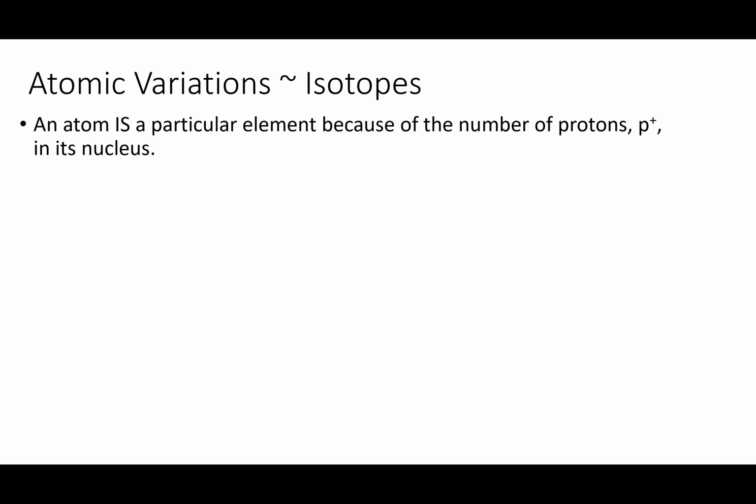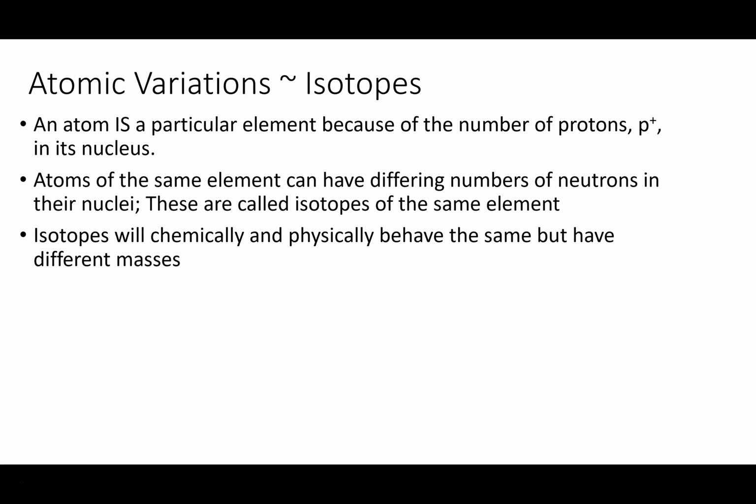We can have different variations of a carbon atom that have a different number of neutrons. They then make the atom weigh differently, because the two things that make the atom weigh anything are the protons and the neutrons. So if the neutrons come and go, it weighs differently.